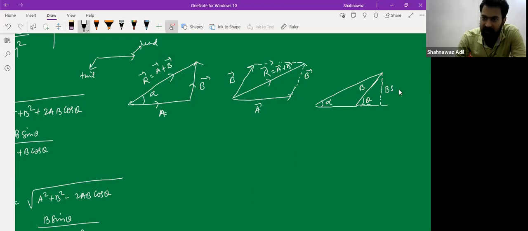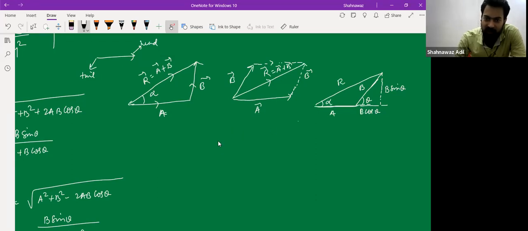Right. Why are you hesitating? You can either be wrong or right, so why bother? So B sine theta, and this is B cos theta, and this much is A, right? So this is the magnitude of the resultant.